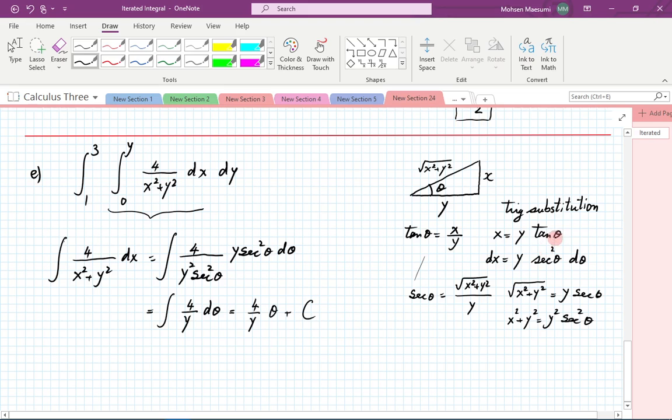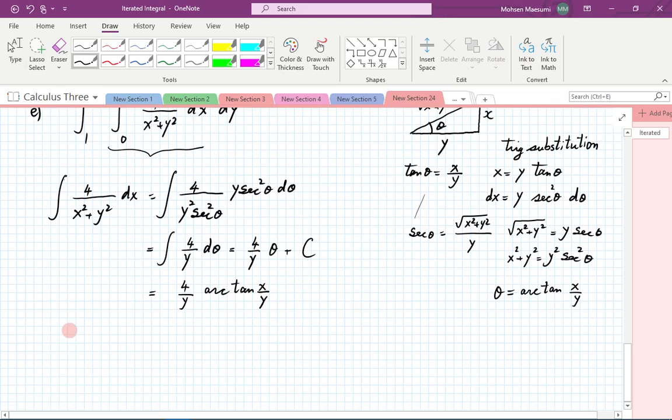Well, who's theta itself? We should have written that here. Theta is tangent inverse, or arctangent, of x over y. So this becomes 4 over y of arctangent of x over y.